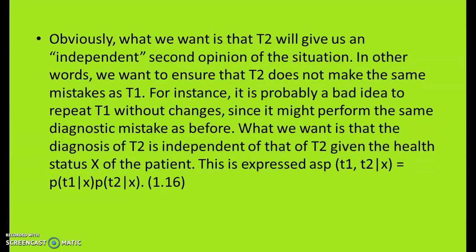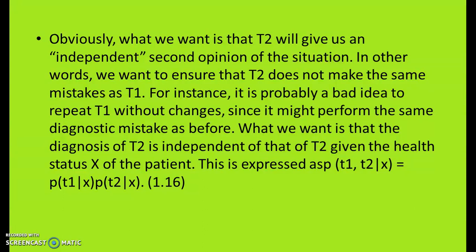In other words, we want to ensure that T2 does not make the same mistakes as T1. For instance, it is probably a bad idea to repeat T1 without changes, since it might make the same diagnostic mistakes as before. So what we want is that the diagnosis of T2 is independent of that of T1, given the health status X of the patient.